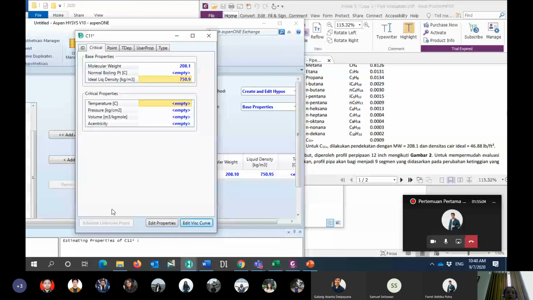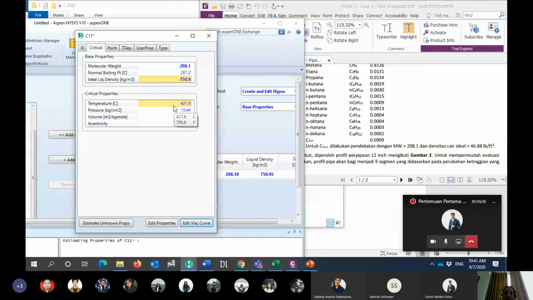I click here, and it will try to obtain other information, for example normal boiling point, critical temperature, pressure, volume, and acentric factor, based on the mathematical equations. But if you have information, for example critical temperature, please put it in.